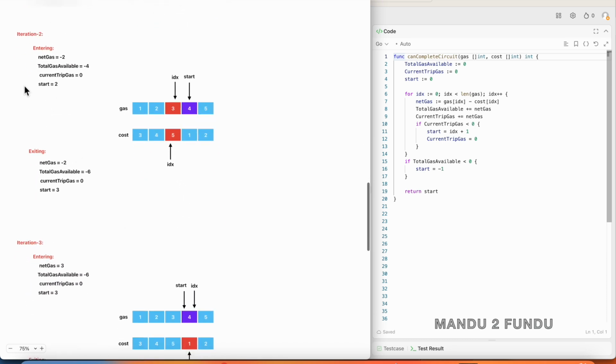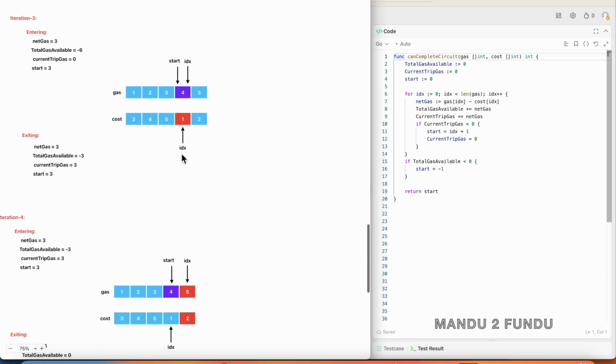Then in iteration 2 we again compute the difference between these two. Again it is negative. We add that to the total gas available, so that becomes -6, and we reset the current trip gas to 0 and advance the starting station pointer to point to index 3. So it is pointed at index 3.